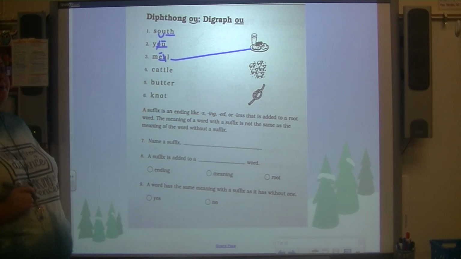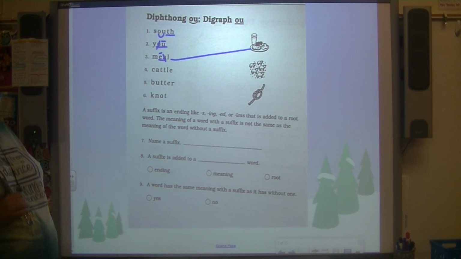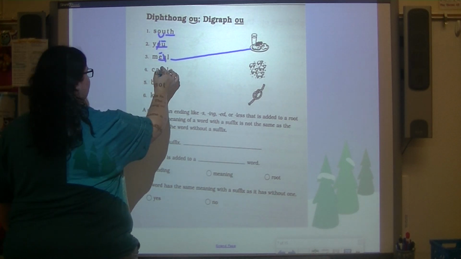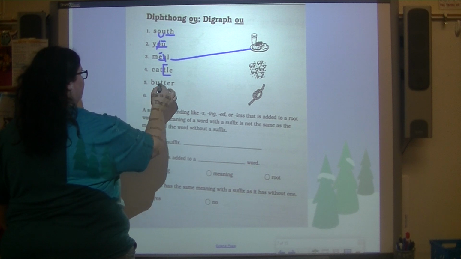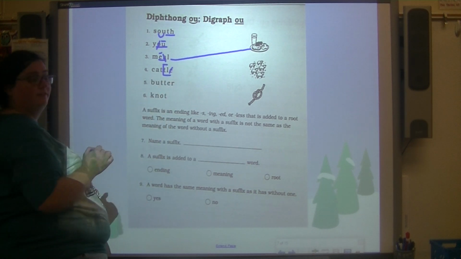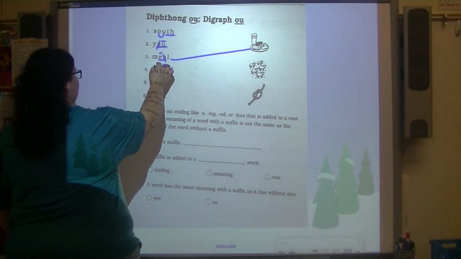Number 4. What do you see? Final stable syllable. TLE. Now get rid of our sneaky E. Accent on the first syllable.